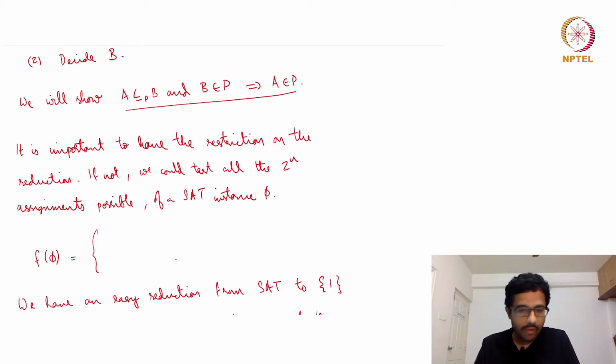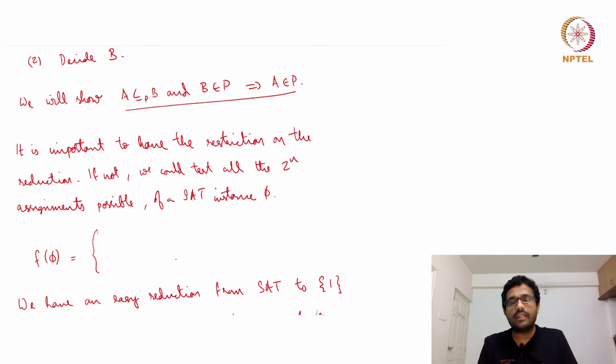If you give the reduction too much power, you may not get meaningful relationships between the problems. That's why it's important to limit the power of the reductions.